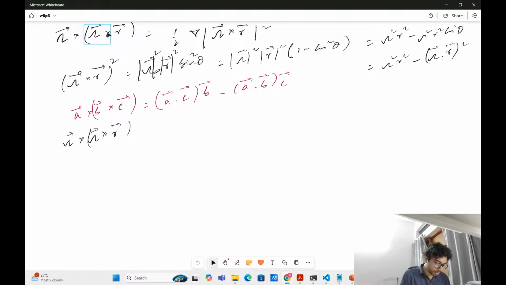If we use this, we get omega dot r times omega, minus omega dot omega, which is omega square, times the r vector. Okay.